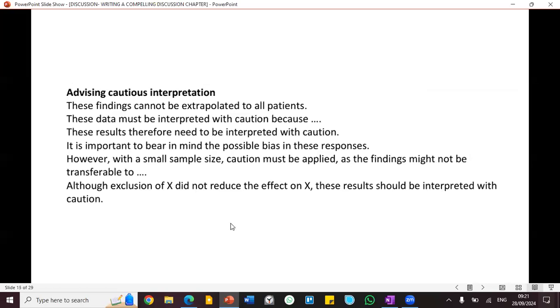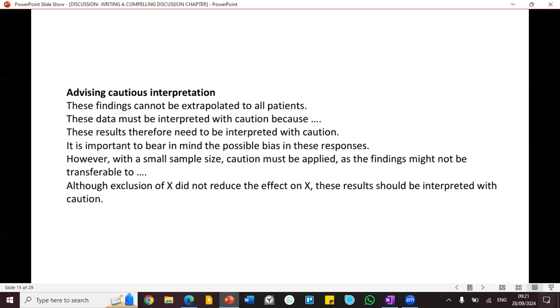Okay, moving on. Depending on the kind of study you are doing, whether it was qualitative, quantitative, or even a mixed study, you may wish to guide the reader on how to infer or make a conclusion about these findings that you are providing.